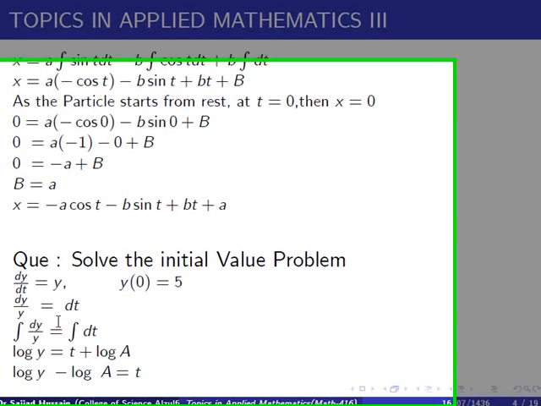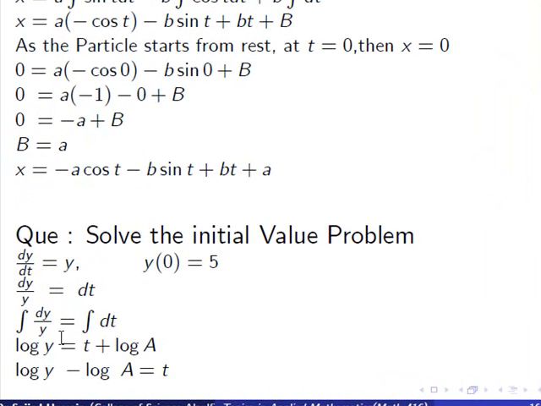Integral dy over y is a well-known formula: logarithm of y is equal to t plus logarithm of A. Here the constant of integration is log A, capital. Because on the left hand side we have a logarithm, we introduced the constant with a logarithm so that we could simplify this expression.